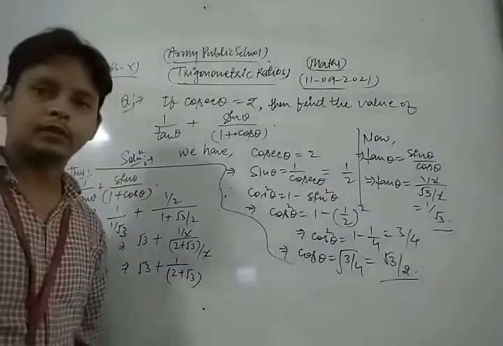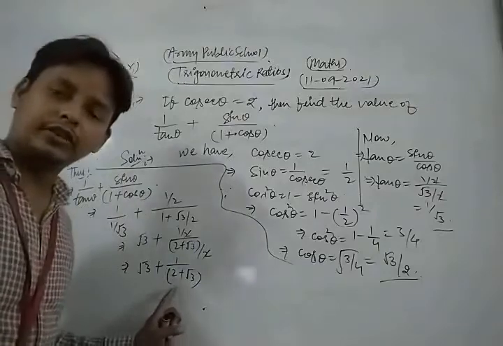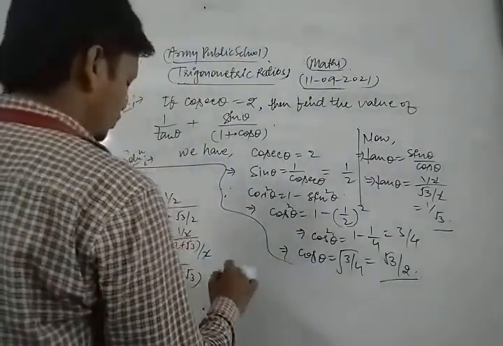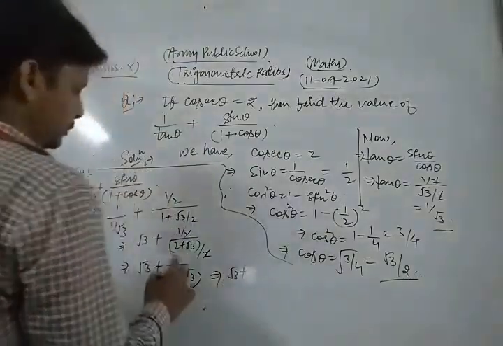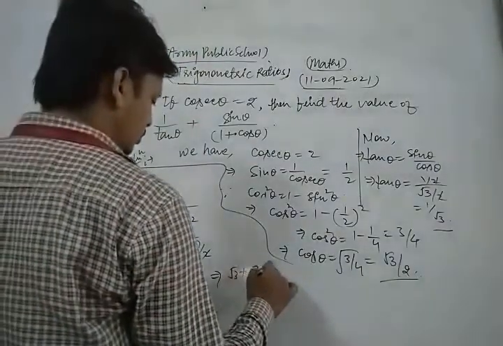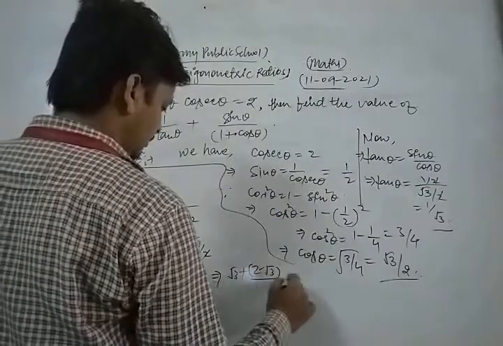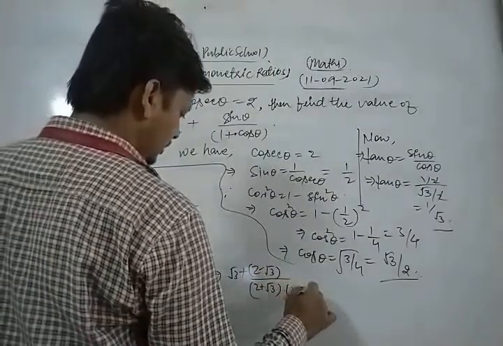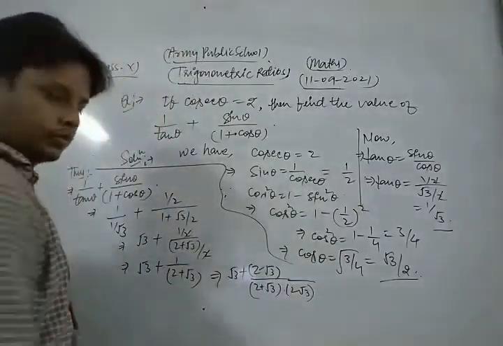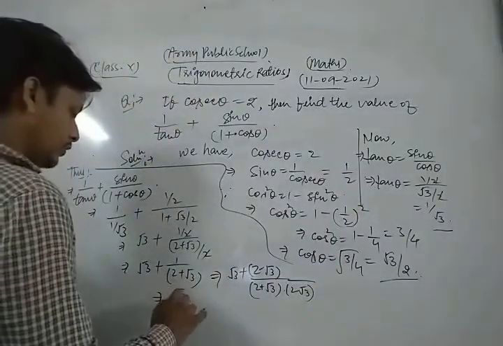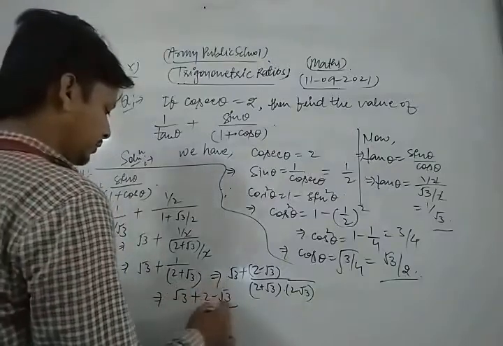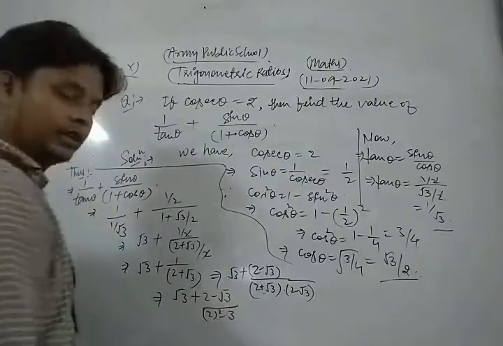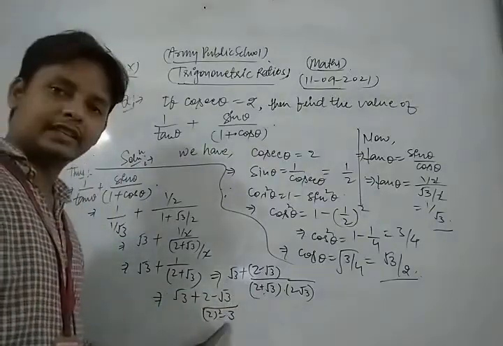Now what I do? In that term we do their rationalization. We must multiply both the numerator and denominator by 2 minus under root 3. And this is 2 plus under root 3 into 2 minus under root 3. So we get numerator, and the denominator is a square minus b square, so 2 square minus root 3 square is 3. So 4 minus 3, that is 1.